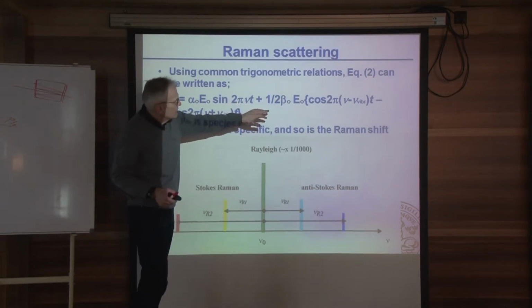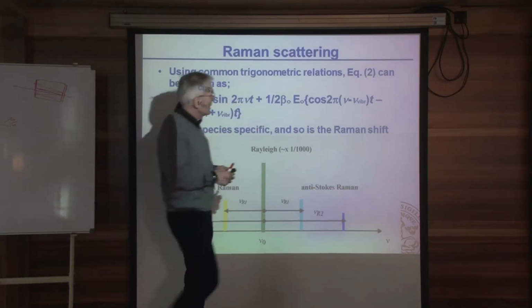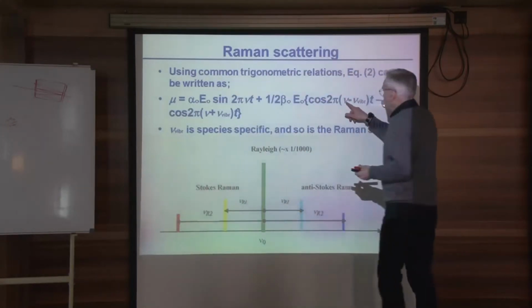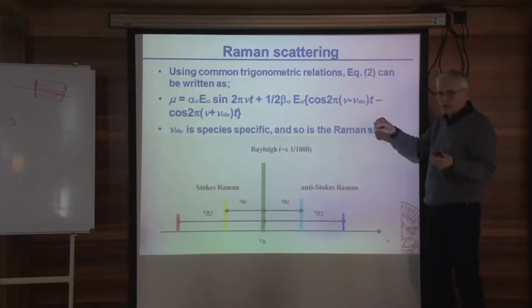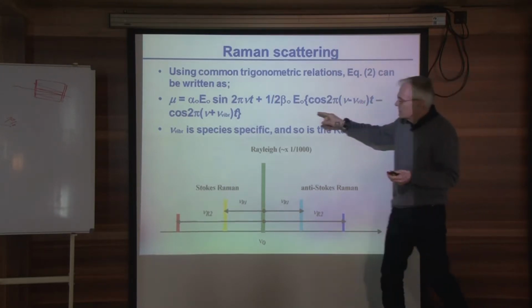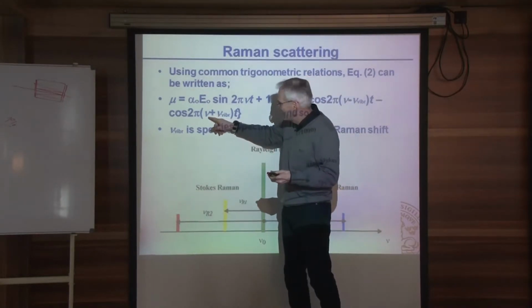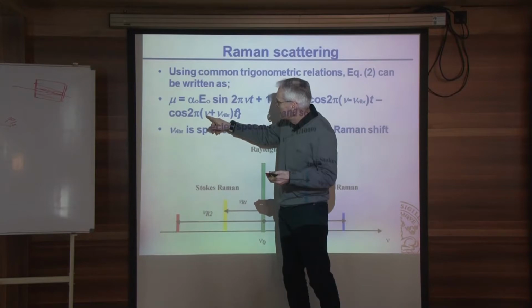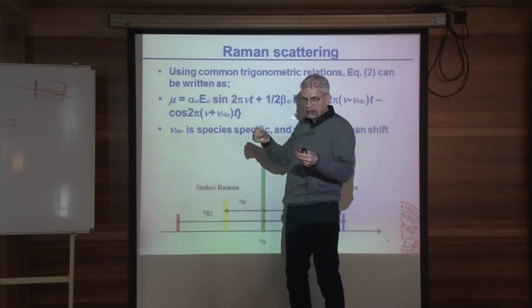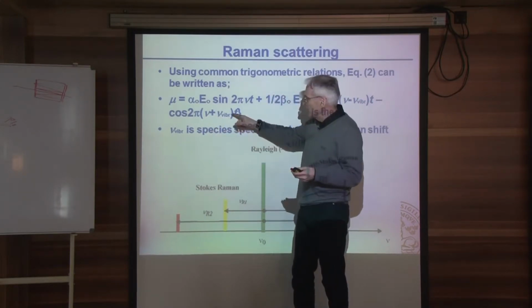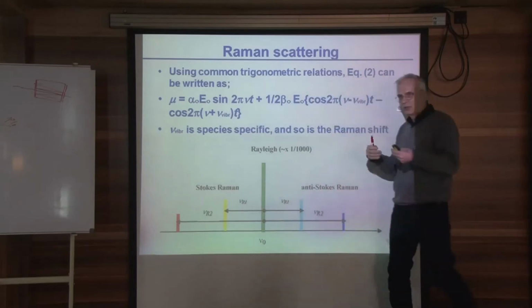But then you get two other components. One where you have the frequency of the laser minus the vibration of the molecule, and the other with the frequency of the laser plus the vibration. And the vibration could be converted into an energy.